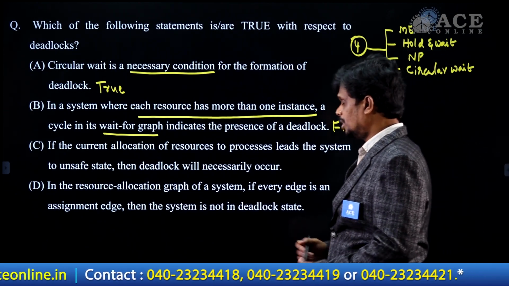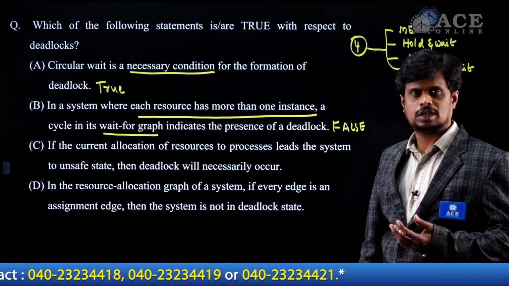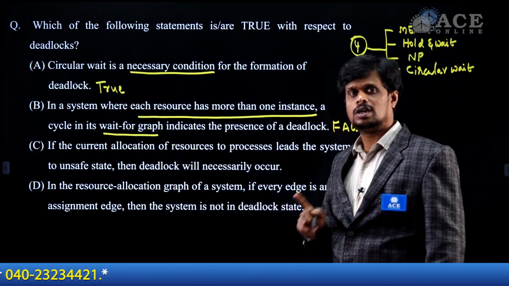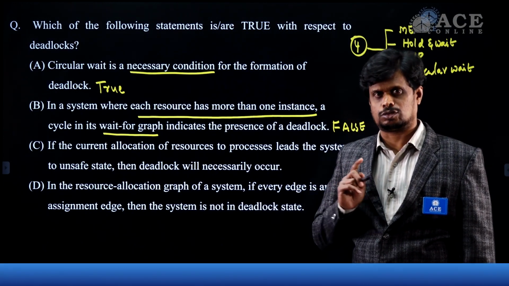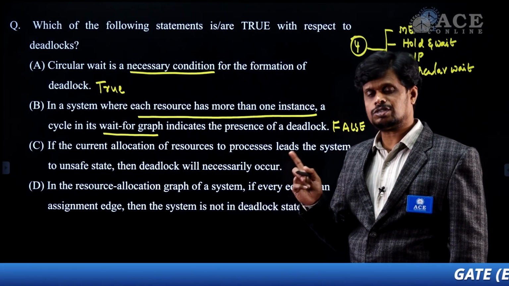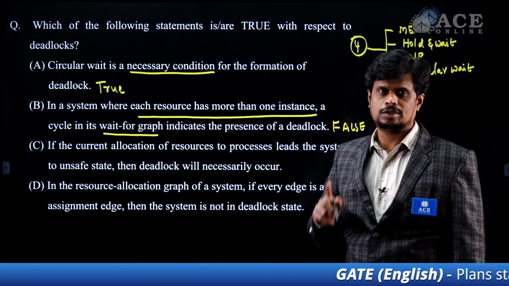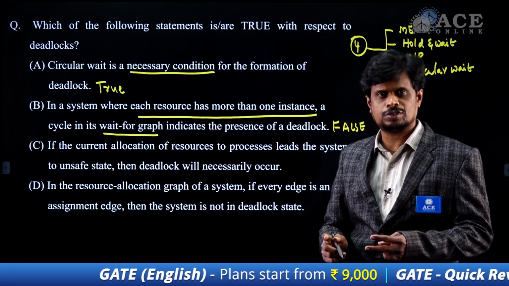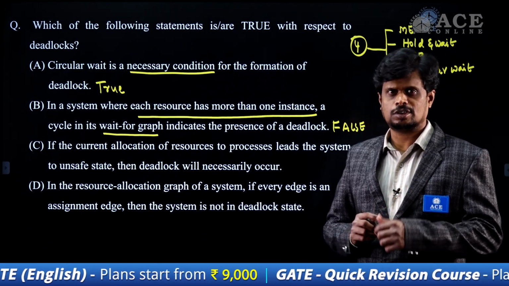But this wait-for graph is used only for one instance per resource. The resource request algorithm is used when a resource has multiple instances. Both are used for deadlock detection only.